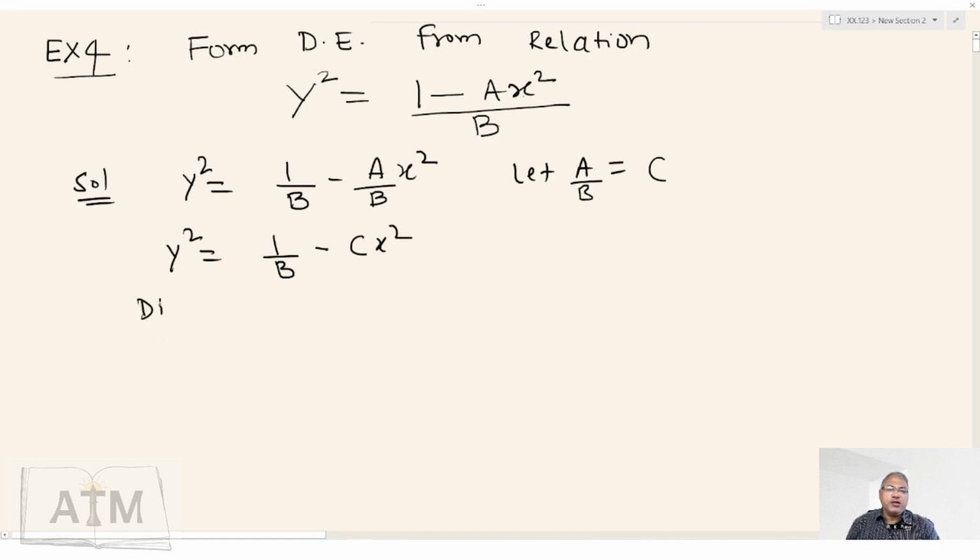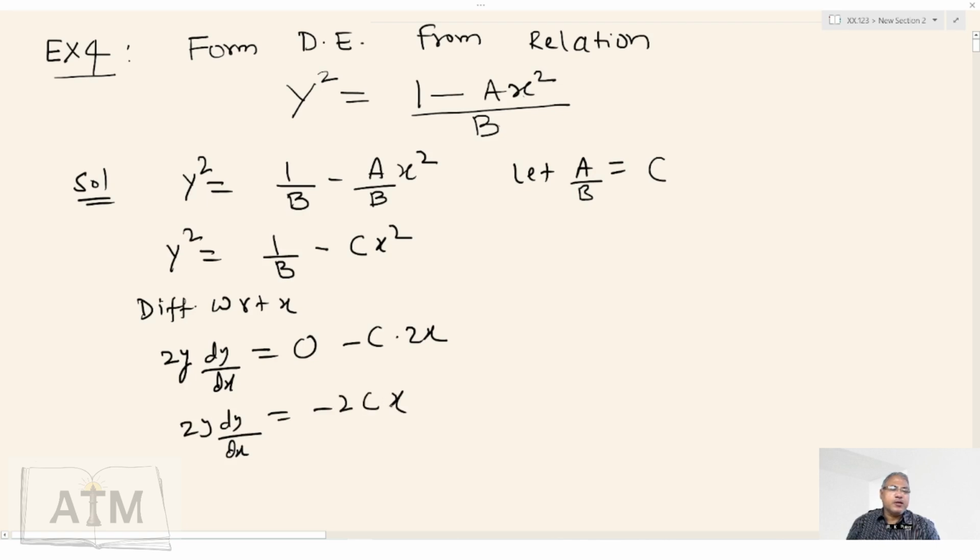Now differentiating with respect to x, we get 2y dy/dx equals 0 minus c into 2x, so 2y dy/dx equals minus 2cx. The 2 gets cancelled on both sides.